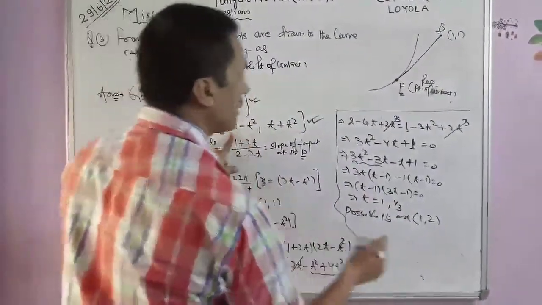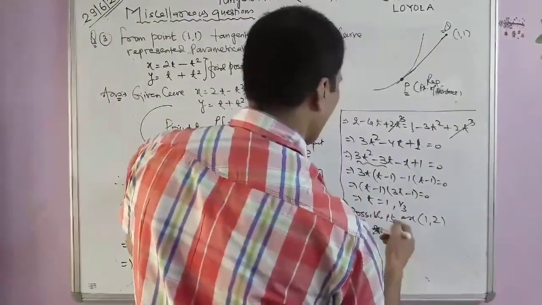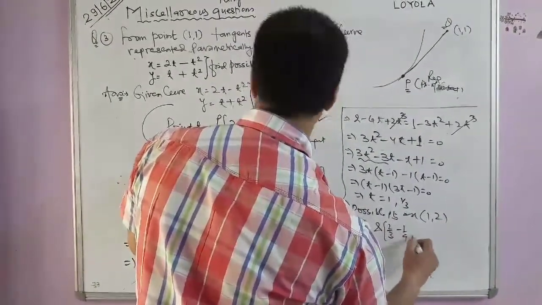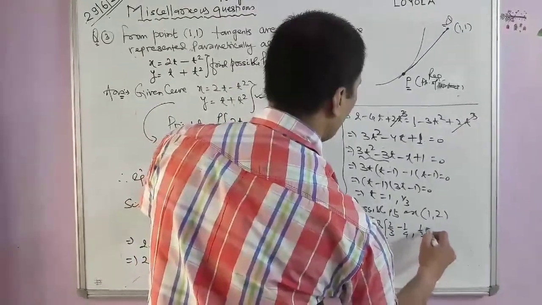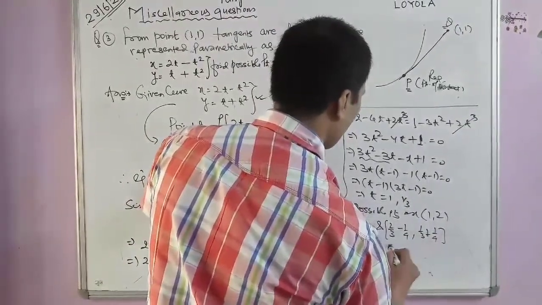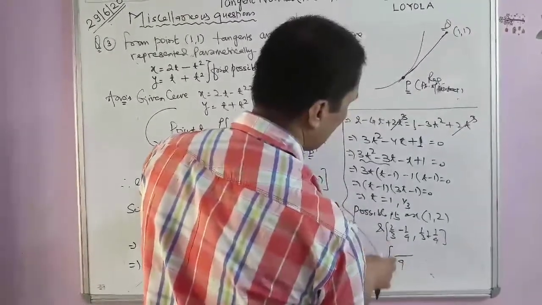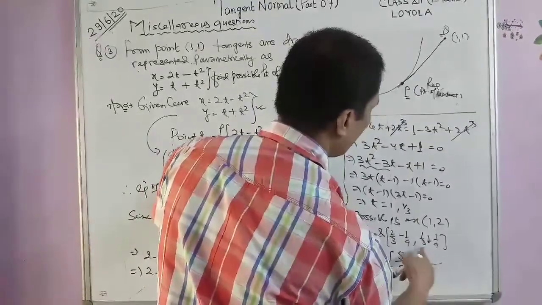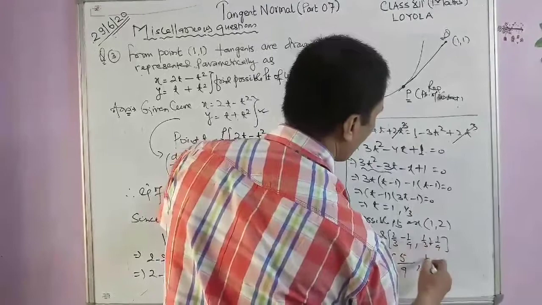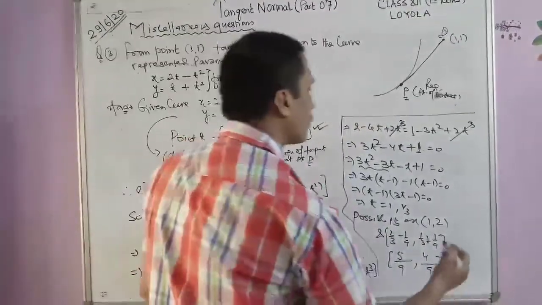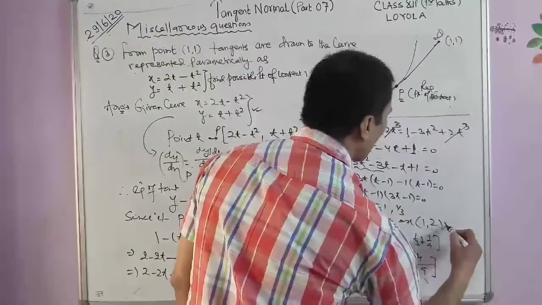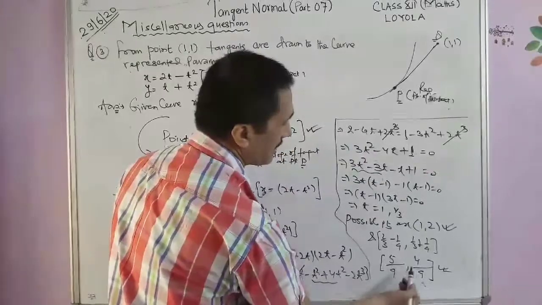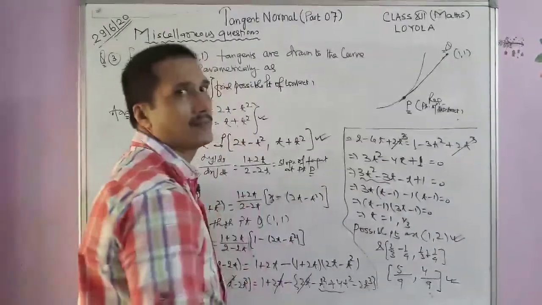And second, for t equal to 1 by 3: 2 by 3 minus 1 by 9 is (6 minus 1) by 9, that is 5 by 9, and 1 by 3 plus 1 by 9 is (3 plus 1) by 9, that is 4 by 9. So 2 points of contact are possible here. The first one is the ordered pair (1, 2) and the second one is (5 by 9, 4 by 9).